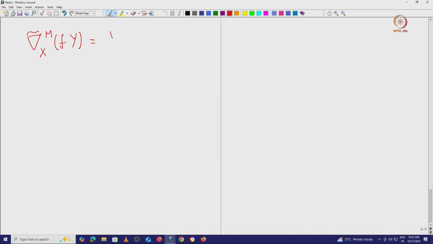I want this to be equal to x of f times y plus f times this, and the third property is the key defining property.